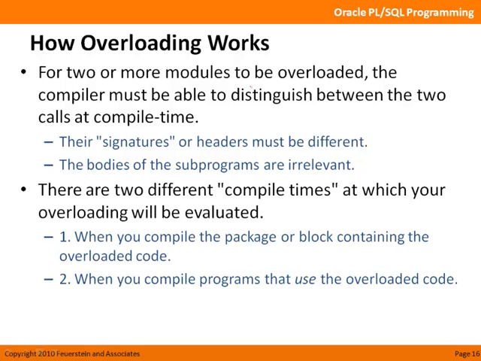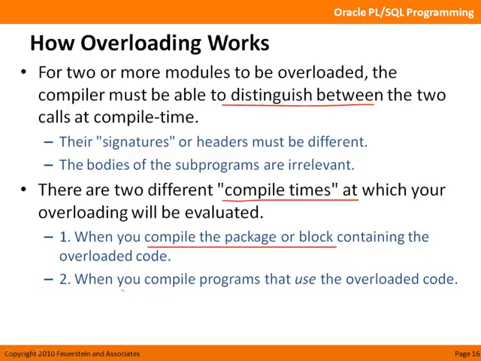Now, I said that Oracle will distinguish between two overloadings at compile time, and there are two different compile times to keep in mind. The first is when you actually compile the package or the block containing overloaded subprograms. Oracle will check to see if your subprogram overloadings are valid. If they're too similar, Oracle will reject them. Unfortunately, they're very lax about what they consider to be too similar. I'll come back to that.